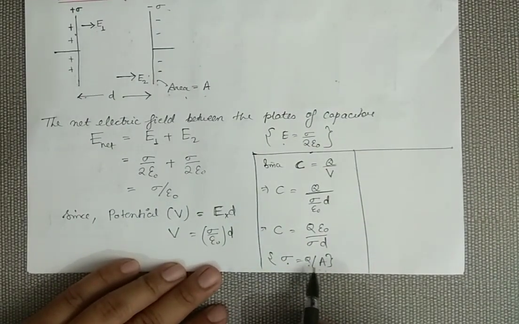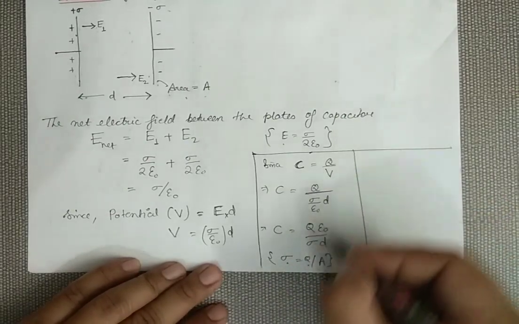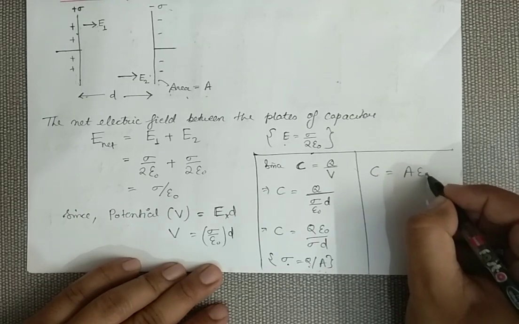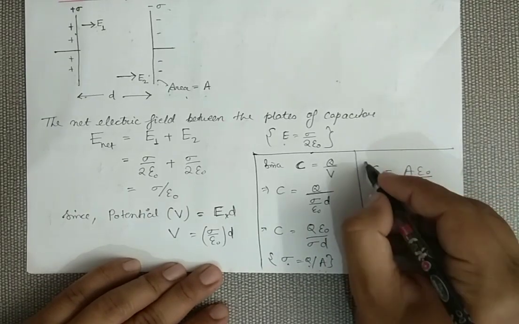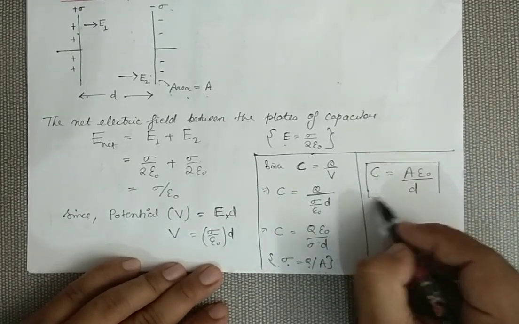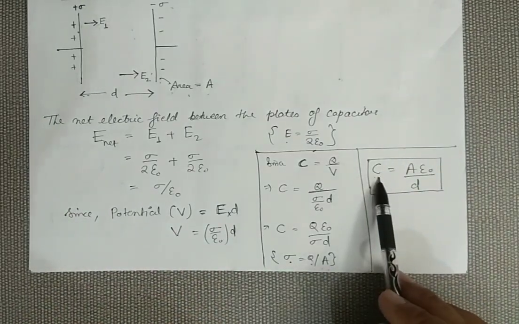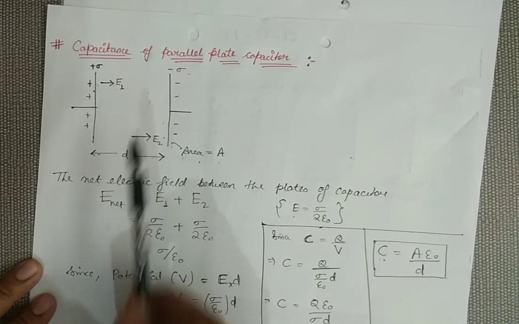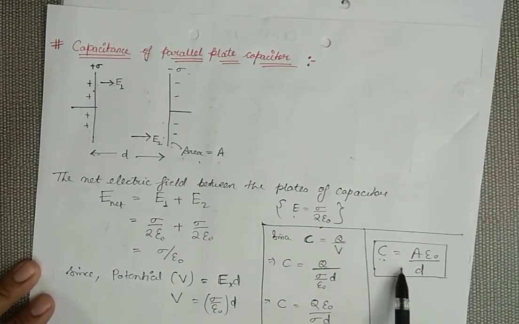So I can replace Q by sigma times A, and C equals A epsilon naught by D. So this is the final expression for the capacitance of a parallel plate capacitor.